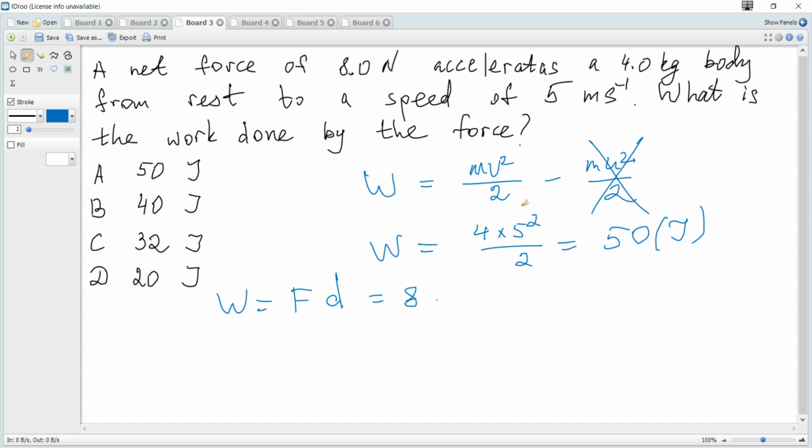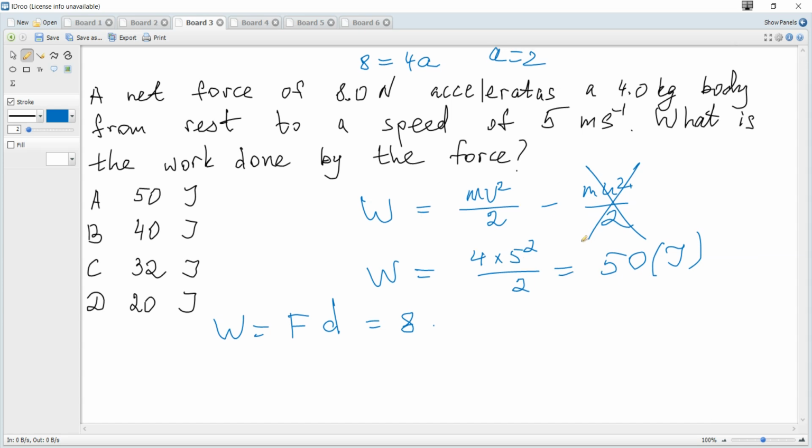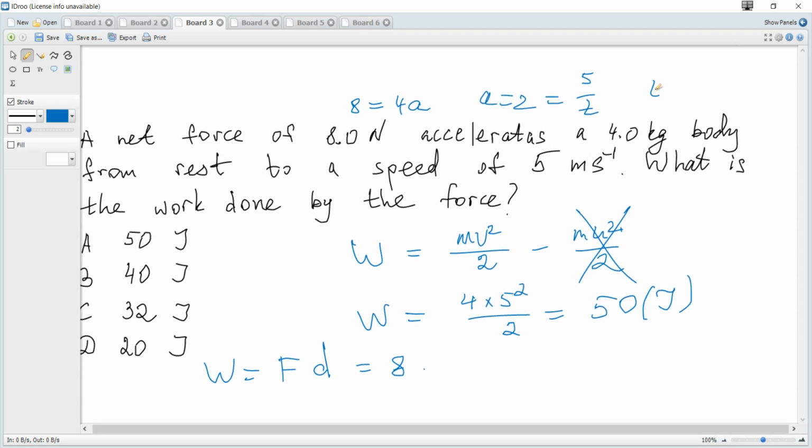But there is acceleration, and force is ma, so 8 is 4 times a, so acceleration is 2, and from rest, acceleration is change in speed, so it's 5 divided by time, but I need distance.